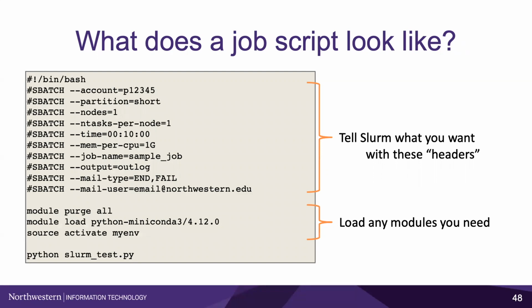The second section is where I'm loading any modules that I might need. I talked a little bit about modules in a previous section of this video series, so please refer to that if you're not familiar. And finally, in this last part, this is where I'm running my Python script. So in the following section, I'll be talking mostly about these Slurm directives that you see at the top.